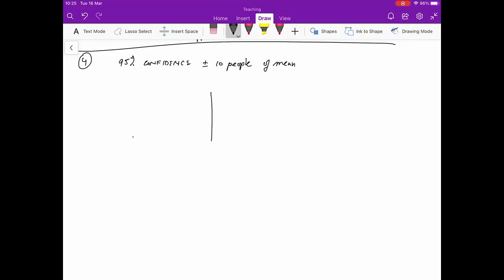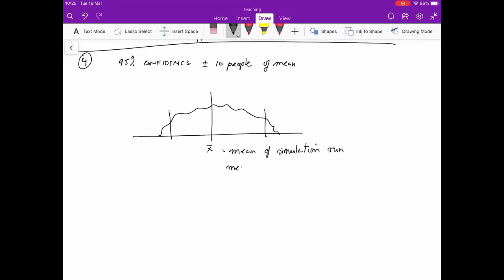Intuitively what's going on is that we have some distribution centered on the mean X bar, and then some distribution around it. What we expect is that if you run it enough times, the X bar is the mean of means, the mean of simulation run means. And the mean of means has the property that it's normally distributed when the number of runs is large.